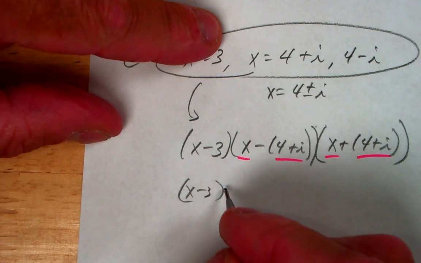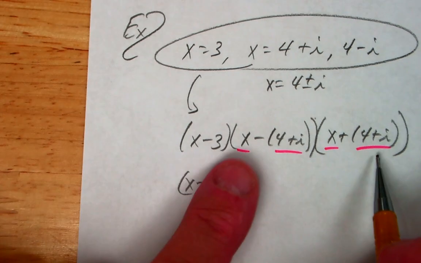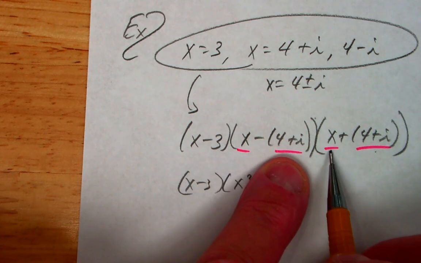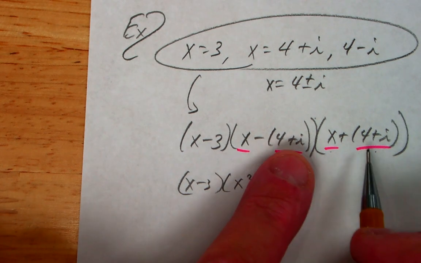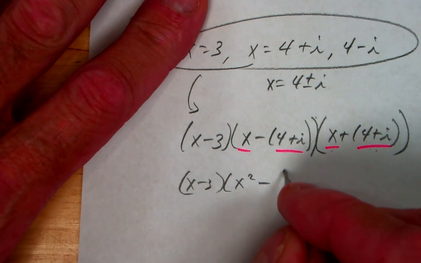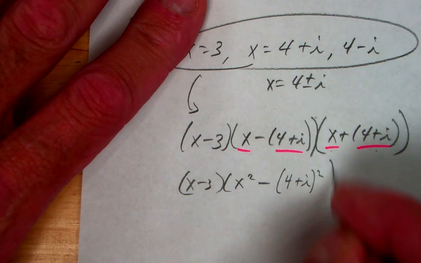First term, x squared. Next term will be plus x times this, right? What's the next term? Minus x times that. So what's going to happen? They'll cancel each other out. So all I've got to do is I will have minus 4 plus i squared.